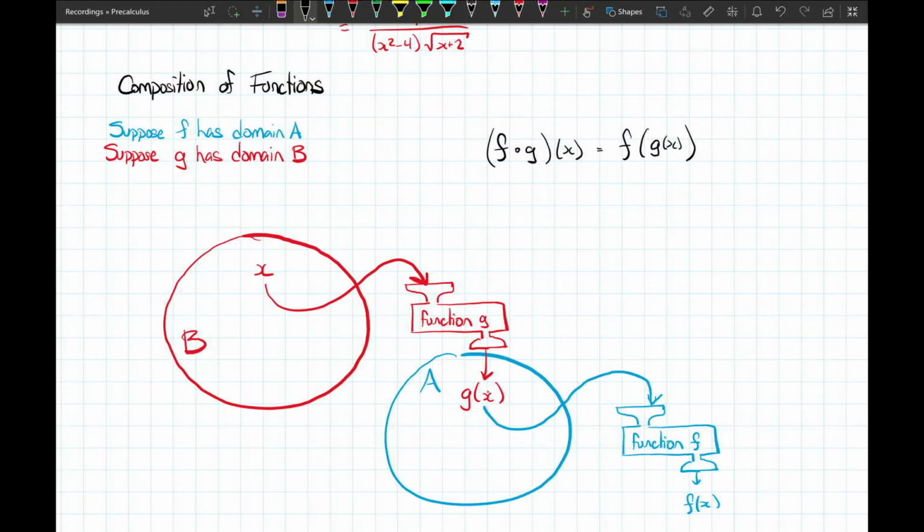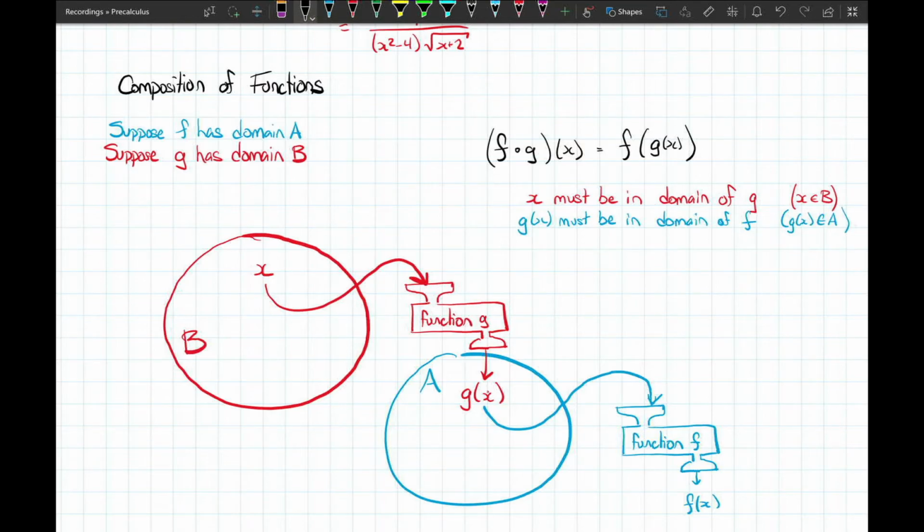It's a composition. X is plugged into g first and then plugged into f. And so the restriction on the domain in this case is we must have x in the domain of g first. In this case, x needs to be in B. And then the result of that, g of x, must be in the domain of f. In this case, g of x must be in A.